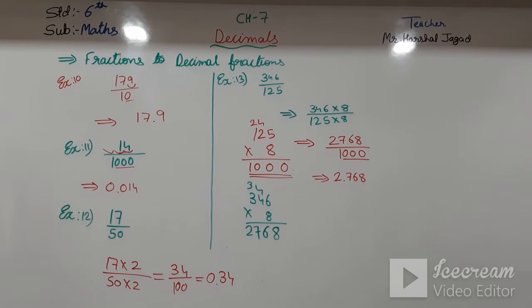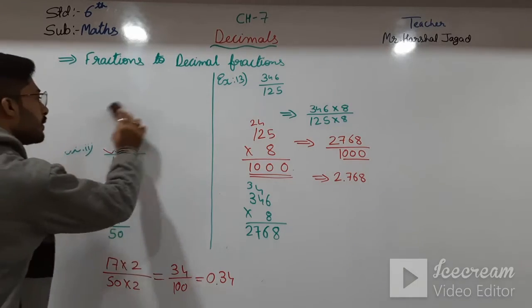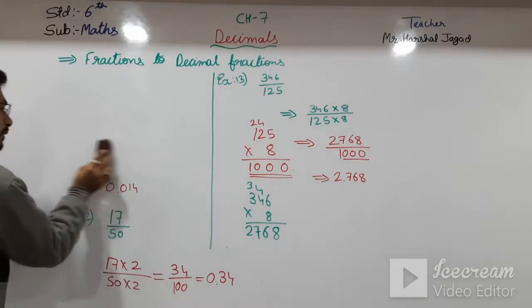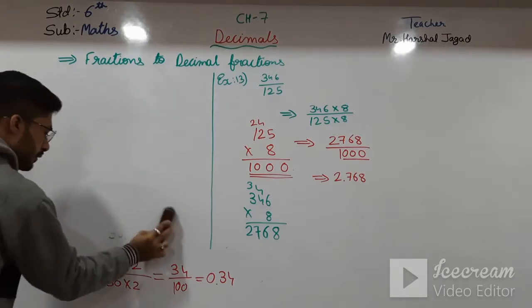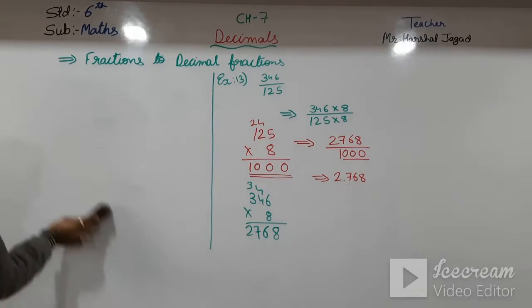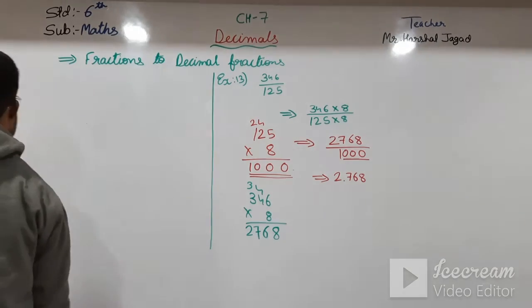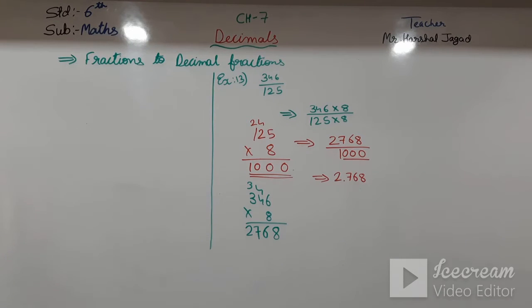Here there is another method, that is the long division method. Let us see that also. That is, convert 3 by 5 into decimal fractions.